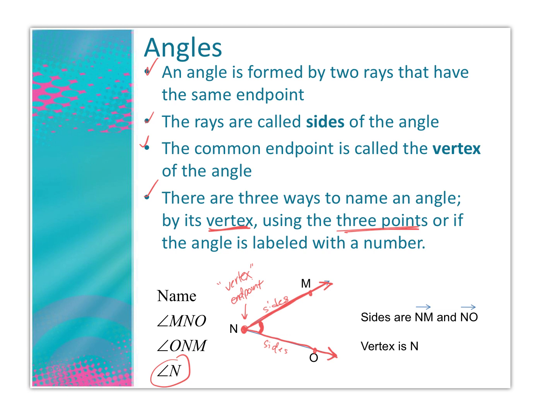So I can name it MNO, or I can name it ONM. But the vertex always has to be in the center. Or if the angle is labeled with a number, you can name it that way as well. So it'd be like angle 1, and those numbers would be kind of inside. Angle 1 or angle 2 or angle 3.